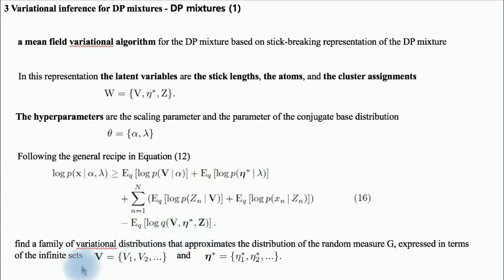To exploit these bounds, we must find a family of variational distributions that approximate the distribution over the infinite-dimensional random measure, where the random measure is expressed in terms of the infinite set V and eta star.